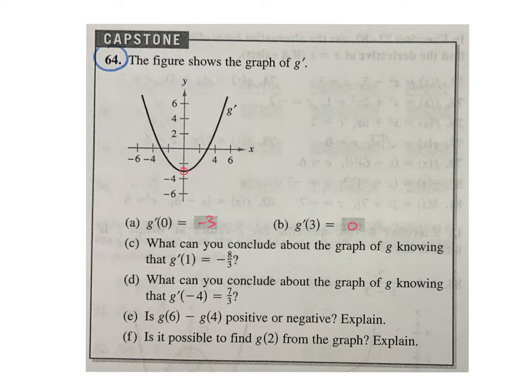All right. This is really where I want to talk about. Is G of 6 minus G of 4 positive or negative, and explain why? Well, what do we know about G prime from 4 to 6? Positive. Okay, G prime is positive. Does that make sense?